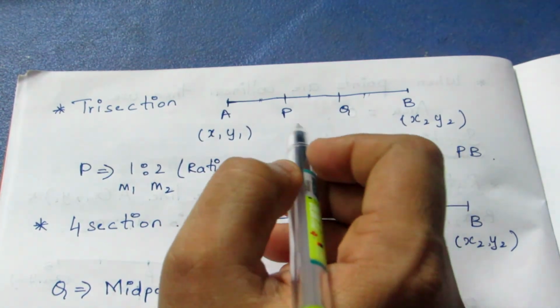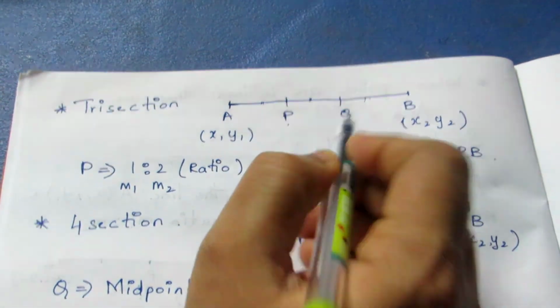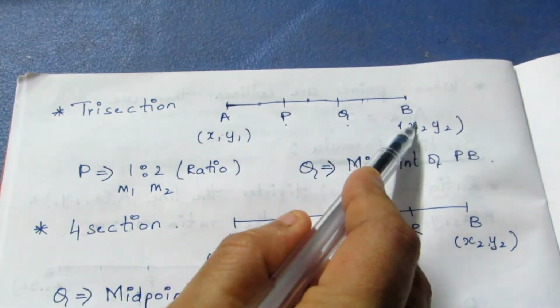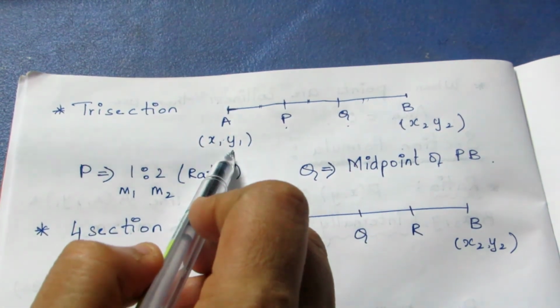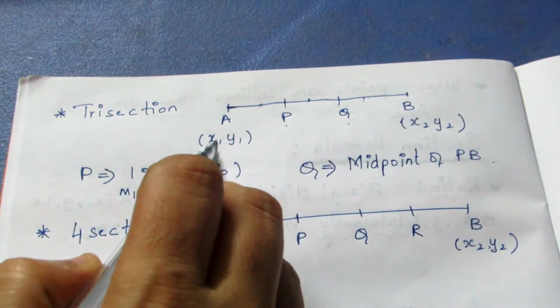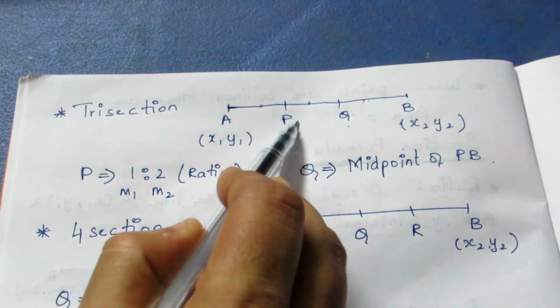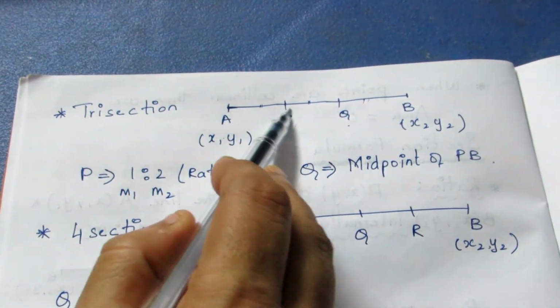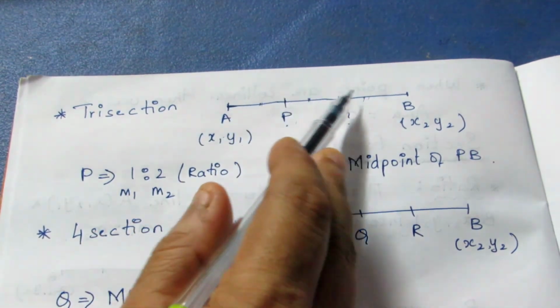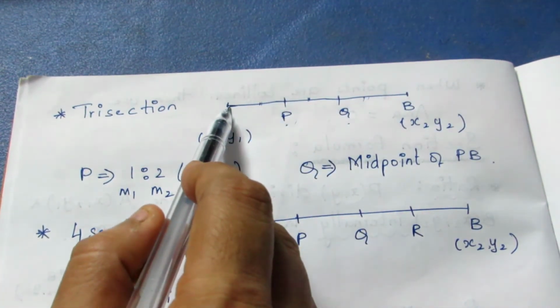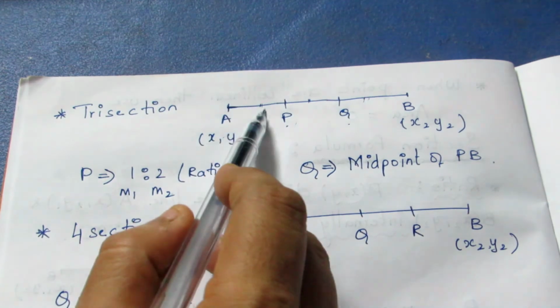Then how do we find the points P and Q? If A and B are given as x1, y1 and x2, y2, we need to find P. As I told before, if it is equally divided, we need to see the set of parts.